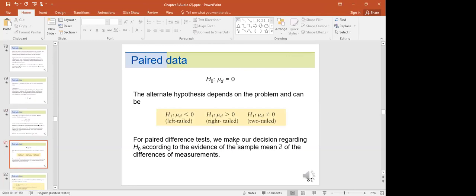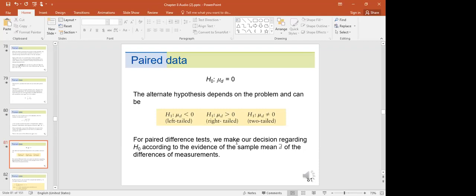So that difference could be equal to 0 when there is no difference, less than 0 when the before is less than the after, B less than A means B minus A is less than 0. Greater than 0 is B is greater than A. B minus A is positive. And different from 0 if B minus A is different from 0.